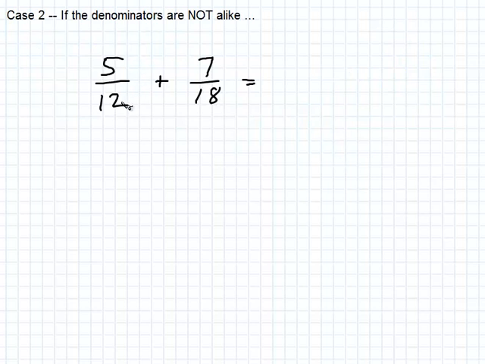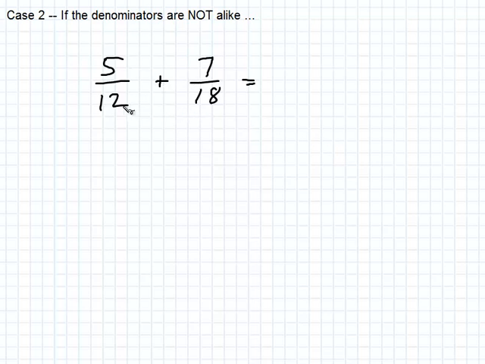So the second case is, what if the denominators are not alike? And then the problem is, we've got to make them alike. If I can do something to these fractions to make the denominators alike without really changing the problem, then we can follow the same rule as we already saw, and that'll do it. Okay.